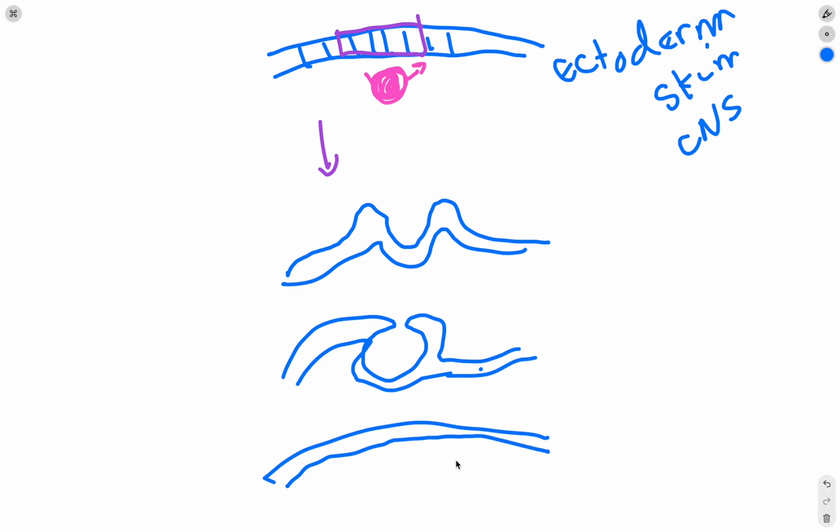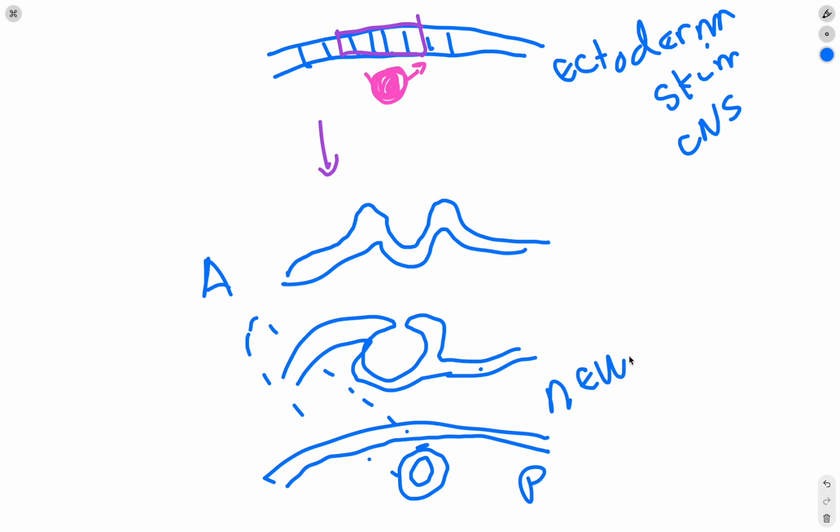Then it looks like this, where we have a tube. This is in cross-section, so it's a tube like a garden hose. It has a hollow center, and that tube has pinched off. And the tube is long. It goes from anterior to posterior. That's called the neural tube, and that's our central nervous system. That's our brain and spinal cord.